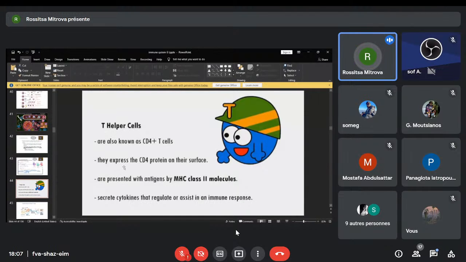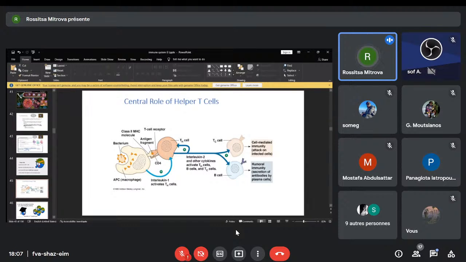The T helper cells, once again, we will repeat this. They express the CD4 protein on their surface and are presented with antigens by class 2 molecules, and start to secrete cytokines that will regulate and assist the immune response.